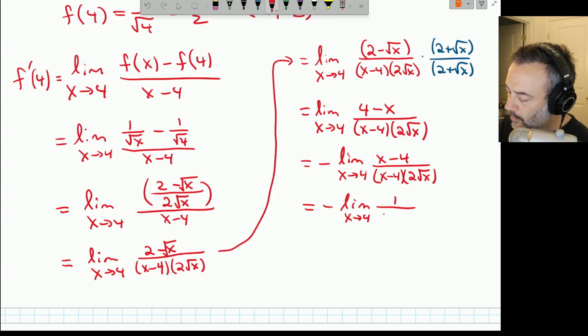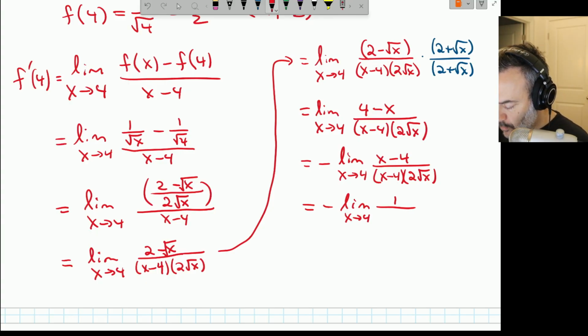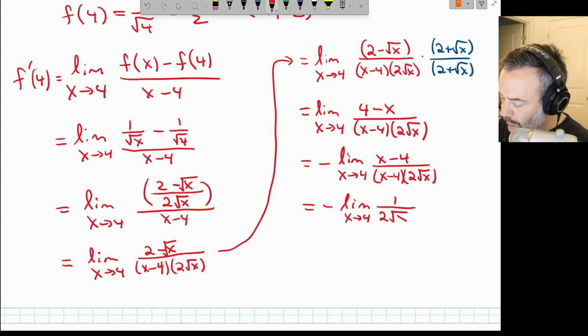1 over 2 square root of x. Just double checking here. I knew something was missing. Having one of those days at the moment. That's okay. Whenever I'm doing these problems, I'm always going back and double checking.